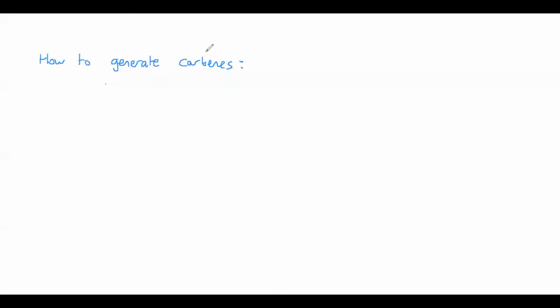So the second way in which we can produce carbenes is by alpha elimination. So in this situation, we have a central carbon with a hydrogen and a leaving group. So if we treat this with a base, then we can deprotonate the carbon, forming a carbanion.